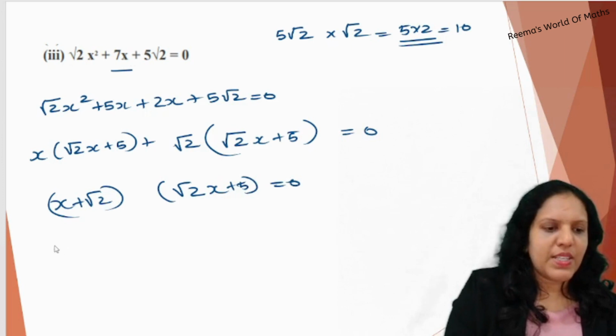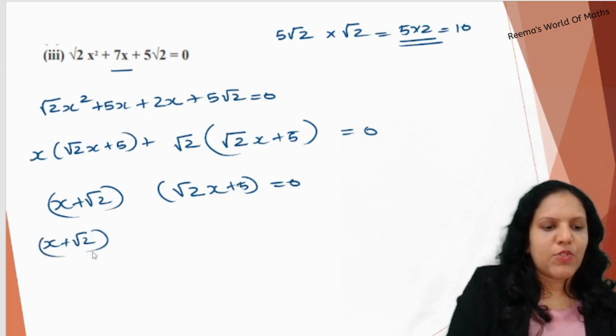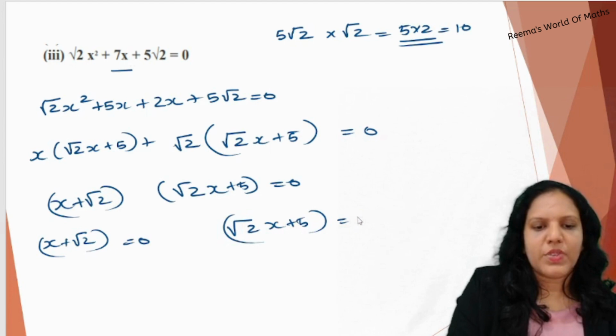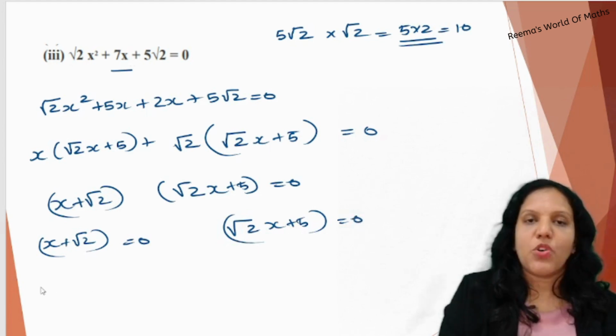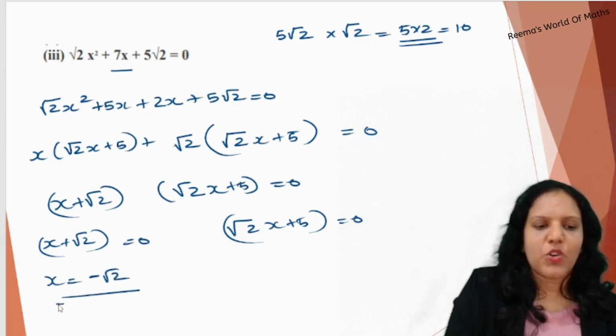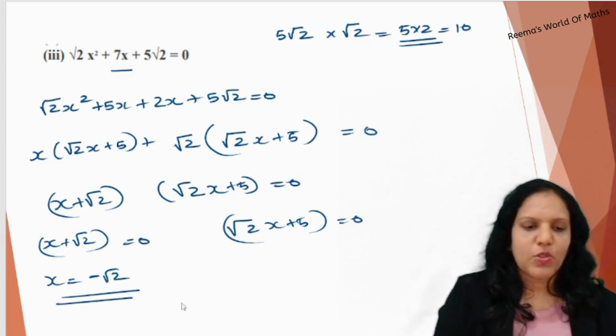In this case we can say either x + √2 = 0 or √2x + 5 = 0. In the first case, if x + √2 = 0, then x = -√2. So this is one of the solutions.